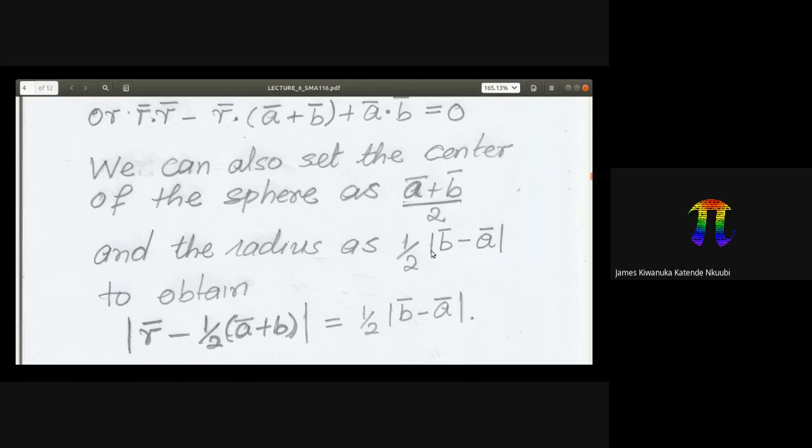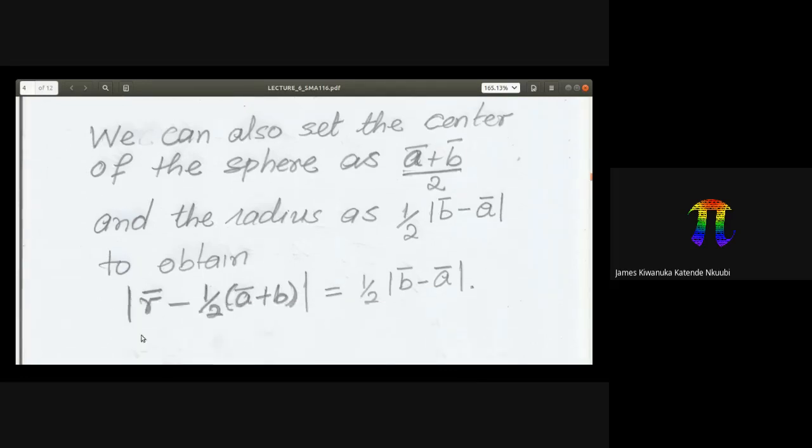And the radius will simply be half of the length of the diameter. And you can also write it out in vector form. The distance between any position vector on the sphere and the center should be equal to the radius. So this is another vector form of the equation, if you want to write it in that form.